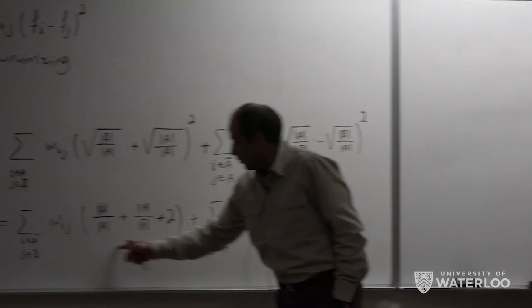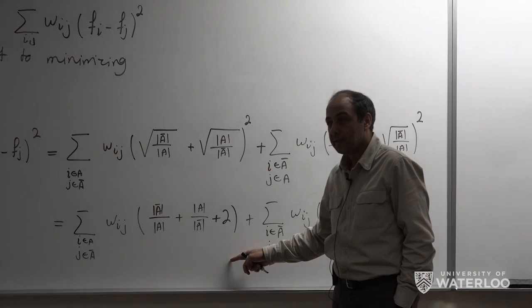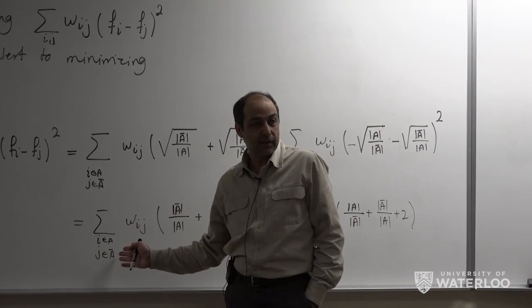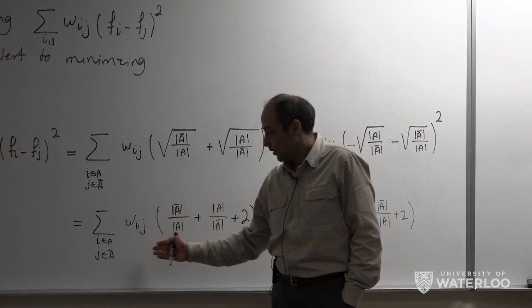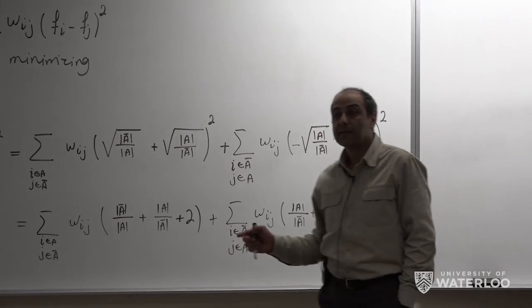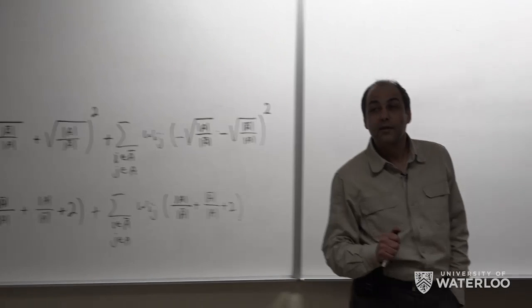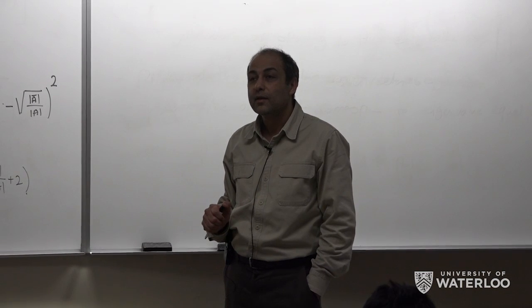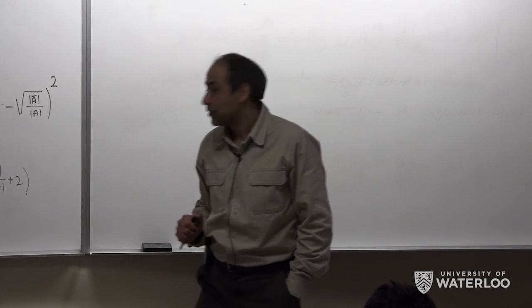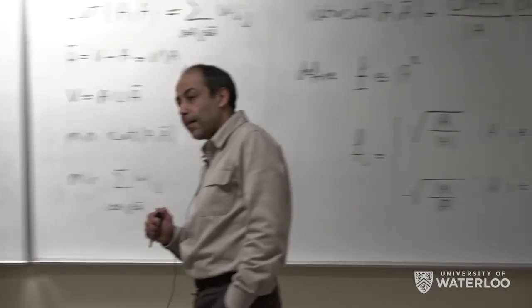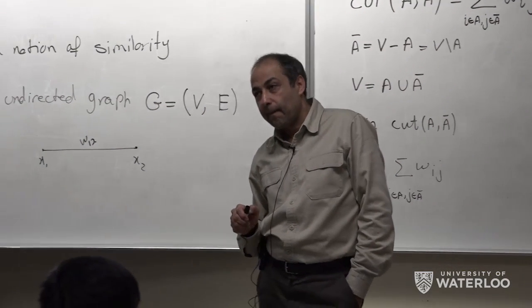You know, this bracket, I can take it out of this summation. So it doesn't have anything to do with i and j. At this moment, are the sets A and A bar determined, or are they still unknown? Our objective is to divide the set V into A and A bar.